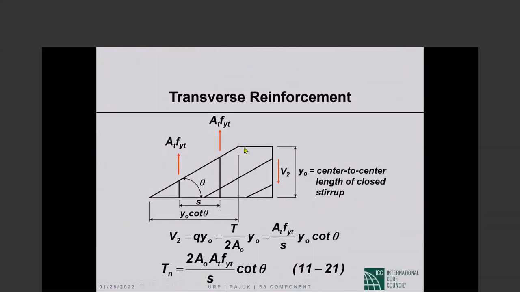These are diagonal cracks at an angle theta. These are closed transverse reinforcement for torsion. Now the cross-sectional area is A sub T, so that the tension is A sub T times F sub YT.